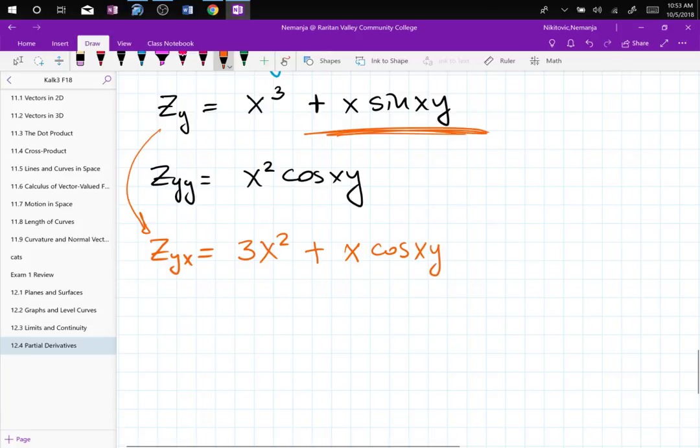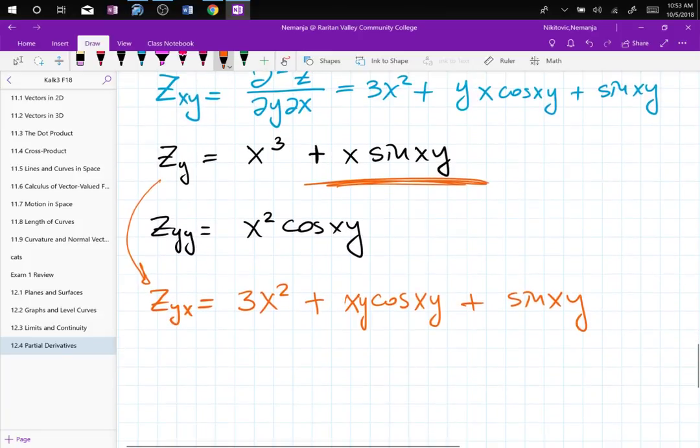So that's going to put y outside. Plus, copy the second, derivative of the first. When you compare the blue and orange, they're identical. 3x squared, xy, yx, same thing. With a cosine xy plus sine xy.